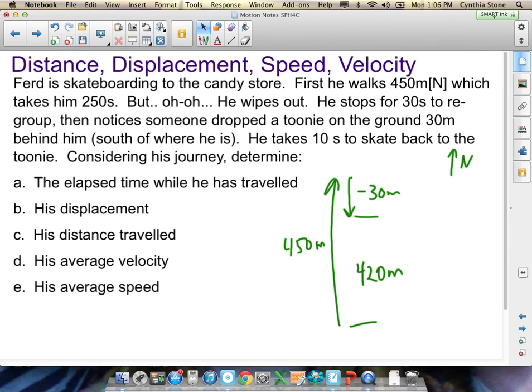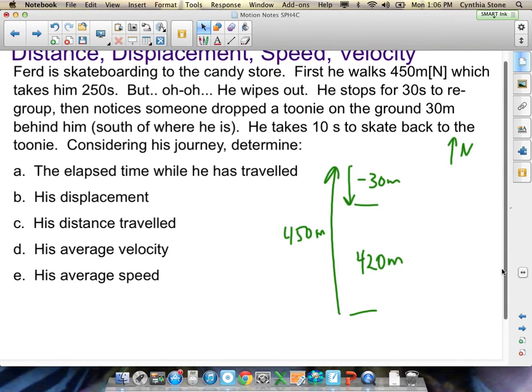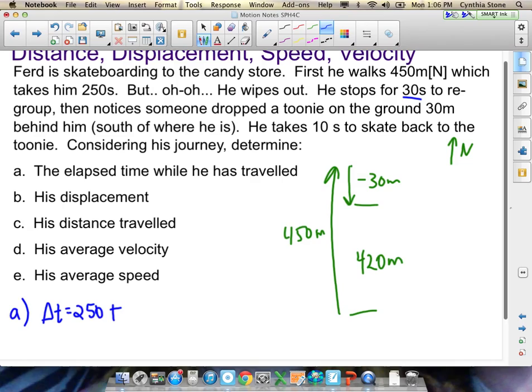So we want to know the overall time. That's easy. You just add up the time, the whole period. So for A, the entire time is 250 seconds, plus 30 seconds to regroup when he wipes out, plus 10 seconds to get back to where the toonie is.